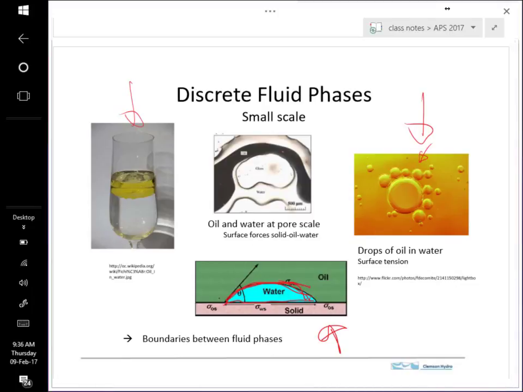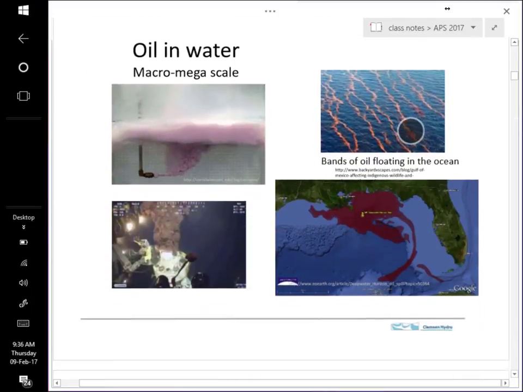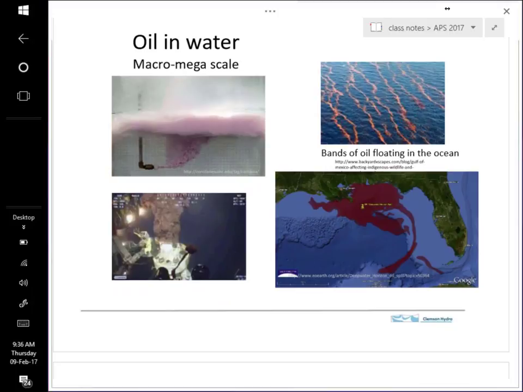Okay, so that'll be surface tension between the two fluids, and just generally interfacial tension that's going to be important at these scales.